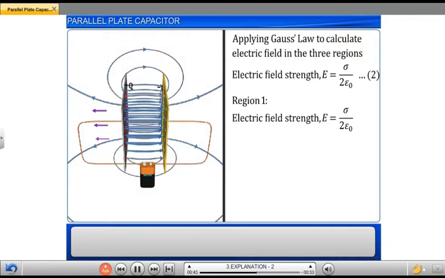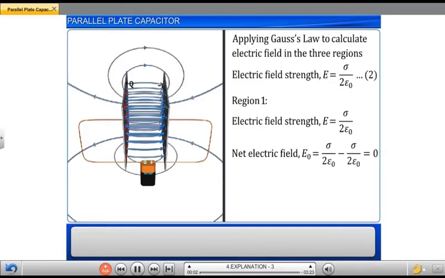Due to the negative plate of the capacitor, the electric field strength E is also equal to sigma by 2 epsilon naught, directed towards the negative plate and towards the right. Hence, in region 1, the net electric field strength E naught is equal to sigma by 2 epsilon naught minus sigma by 2 epsilon naught, which is equal to 0, since the two electric fields are oppositely directed.